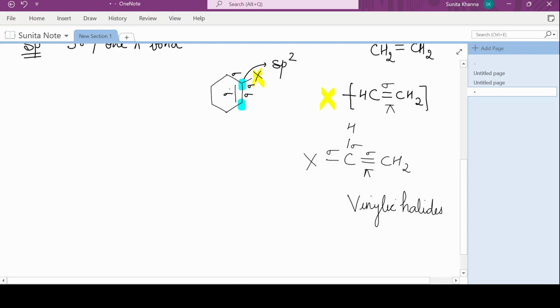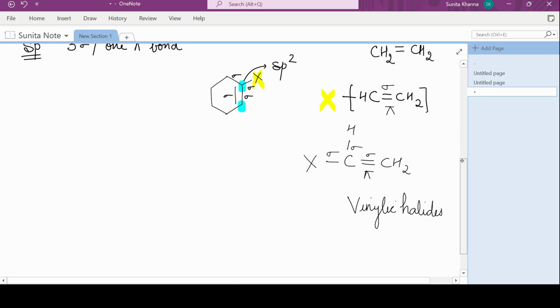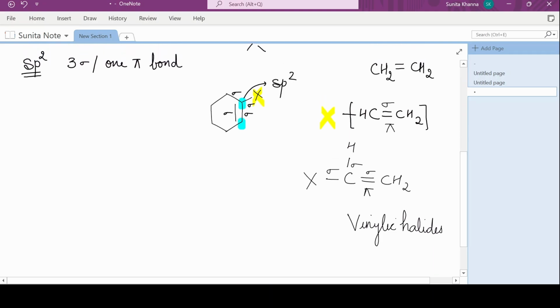The ring structures may be aliphatic, may be aromatic, but the aromatics fulfill certain characteristics which make them aromatic. Now under the category of sp2 hybridized, aryl halides also come.